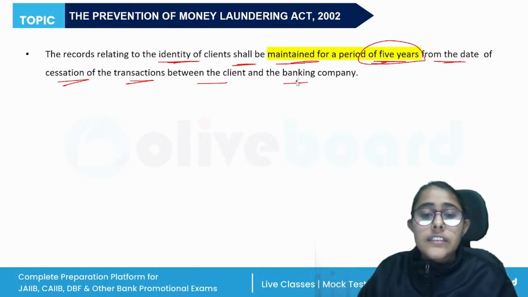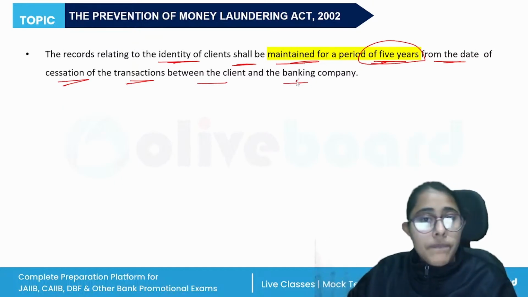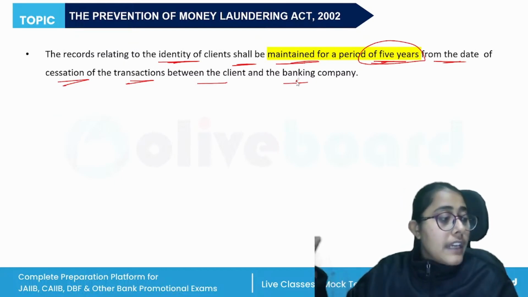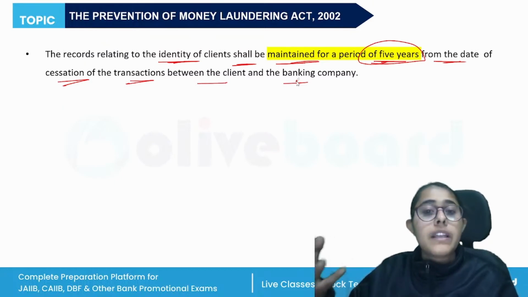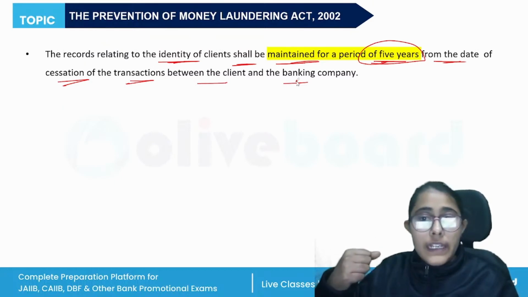So these are the whole important provisions under the Money Laundering Act. If we go through them, the Money Laundering Act is to prevent money laundering and to provide for confiscation. So if it is found that this person was involved in the crime, and they are found guilty of money laundering, then the property will be confiscated. All right.